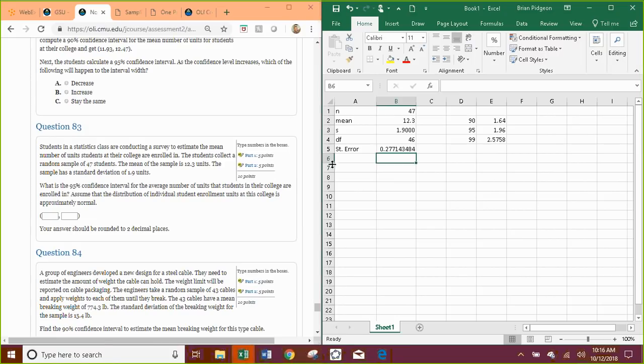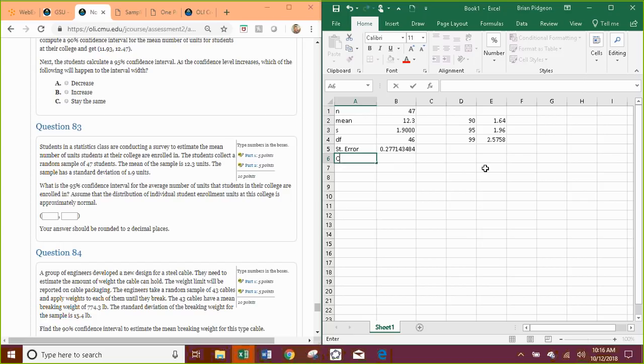Now we need to compute t star, the critical t value. Remember, critical z values are 1.645, 1.96, 2.5758, all that stuff, for when we know the population standard deviation. But now we don't, so that's why we're using t.